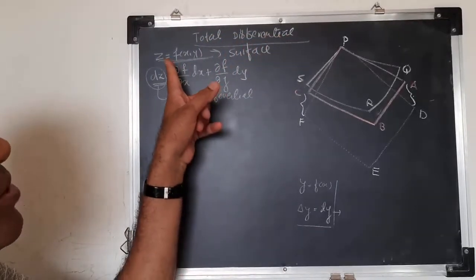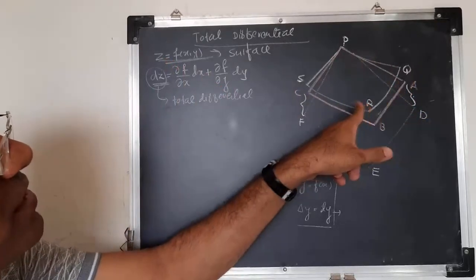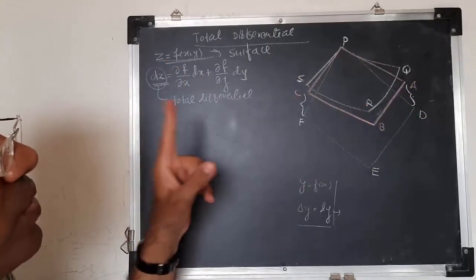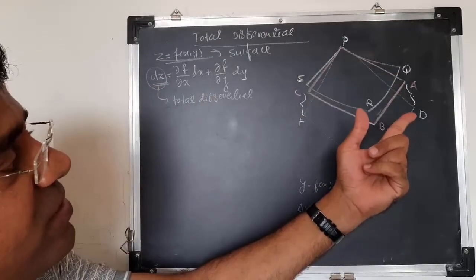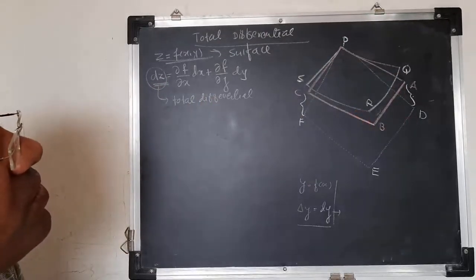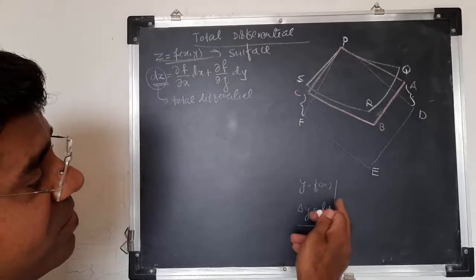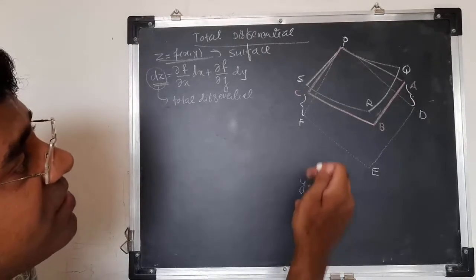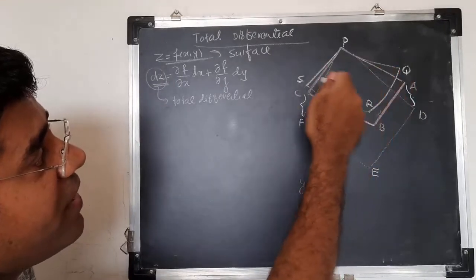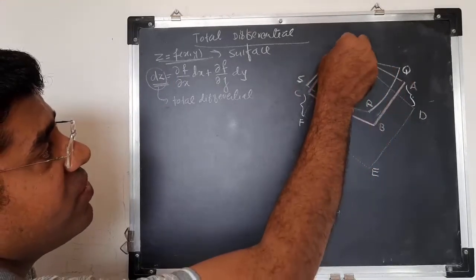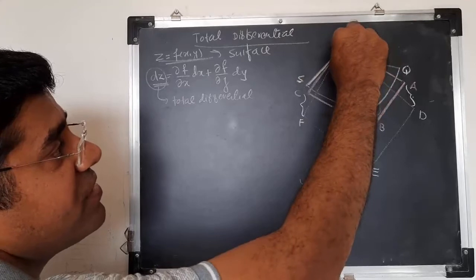Basically this is a three-dimensional picture. PQRS is a surface, and now you have to give the tangent to the surface. So in this case, one surface PQRS is my surface.